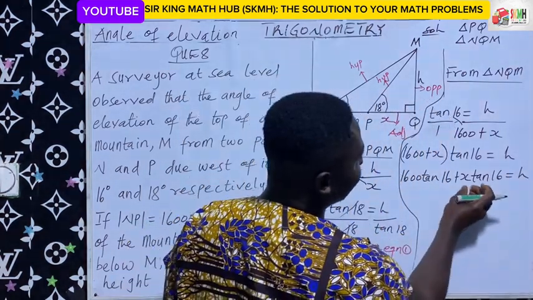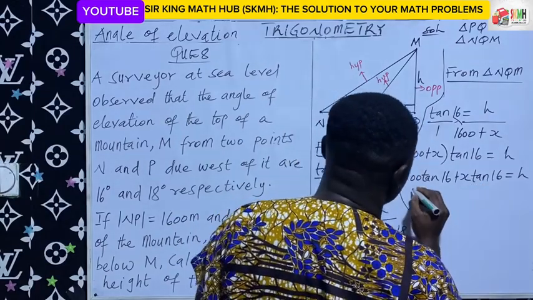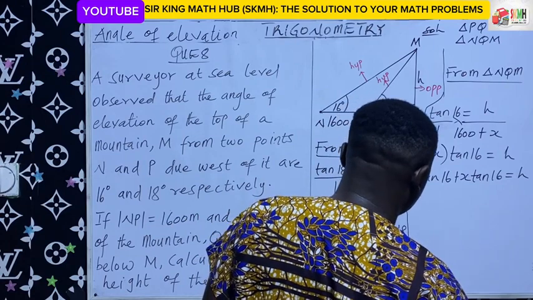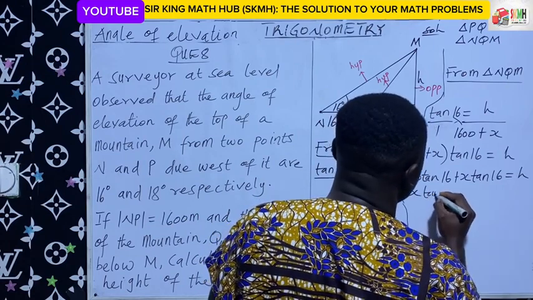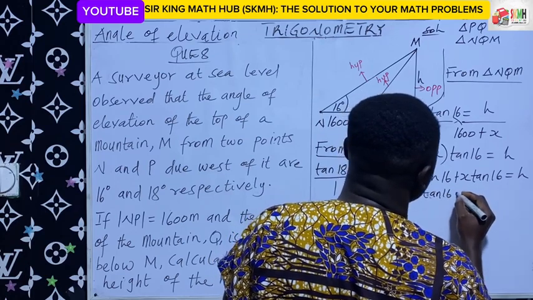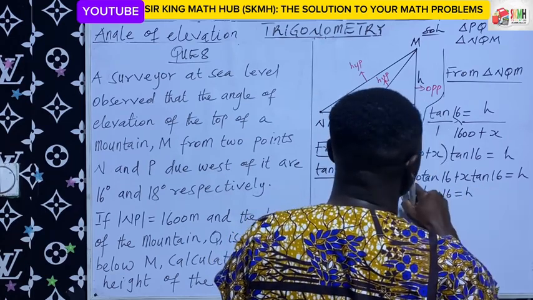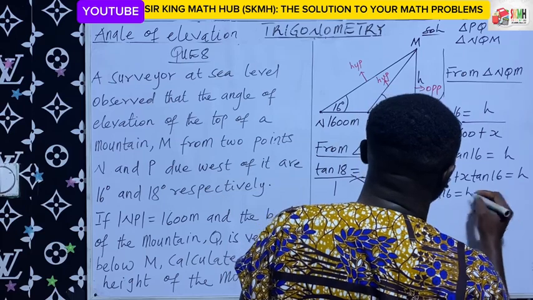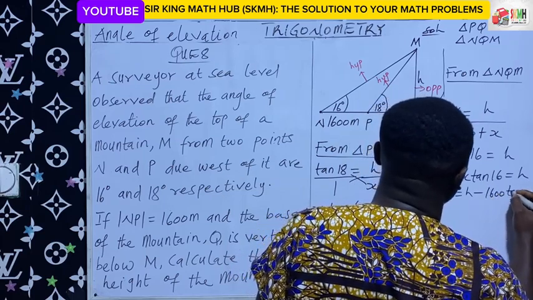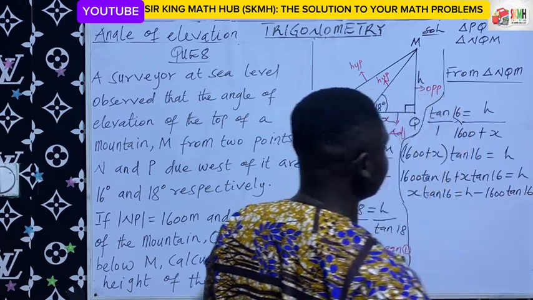So now let's make x tan 16 the subject for now. So we have x tan 16 equal to h. When 1600 tan 16 crosses the equal sign, it becomes minus 1600 tan 16.